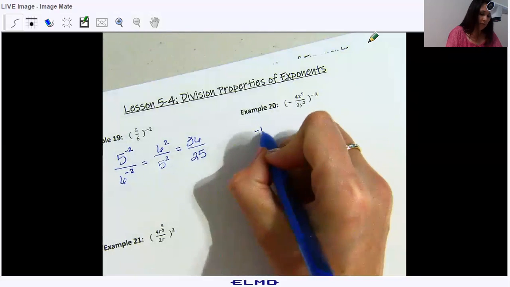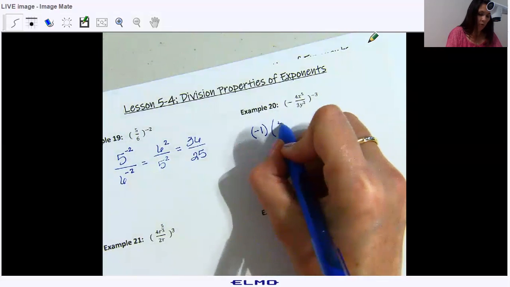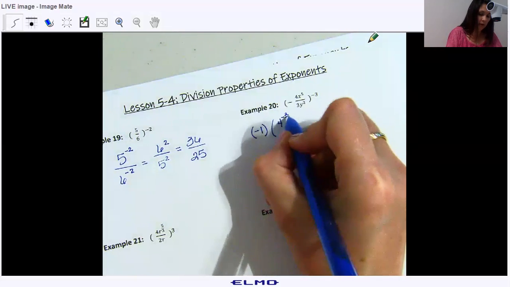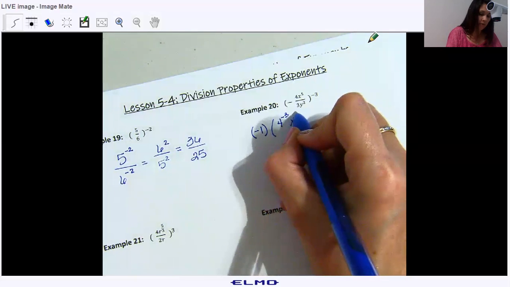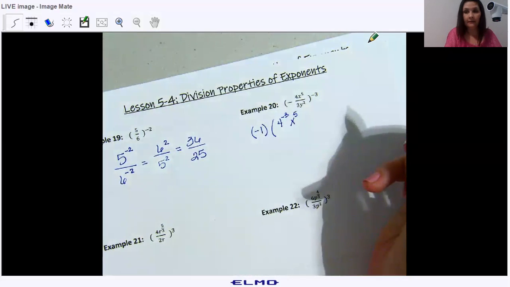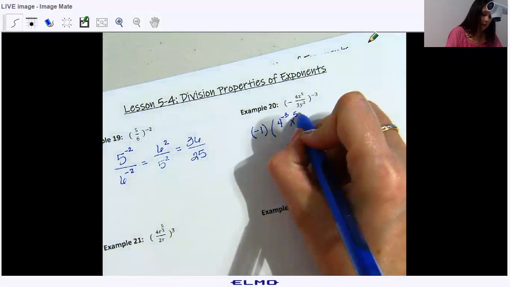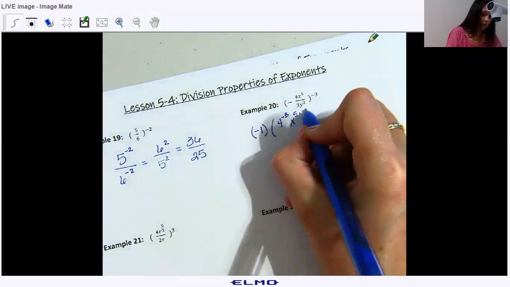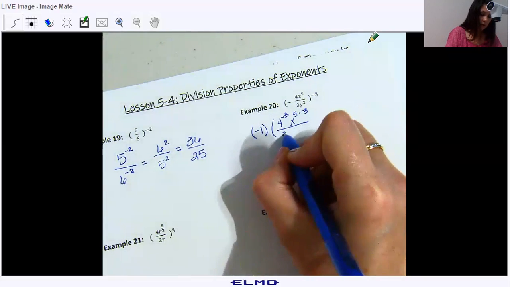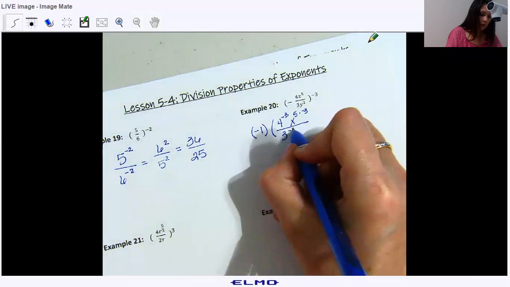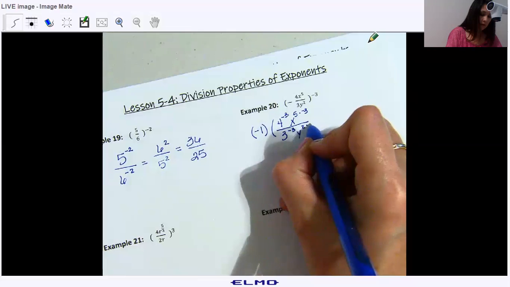So negative 1 times 4 to the power of negative 3, x to the power of 5 times a negative 3, and then 3 to the power of negative 3 and y squared times a negative 3.